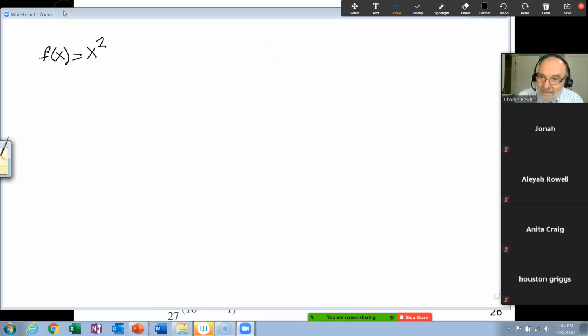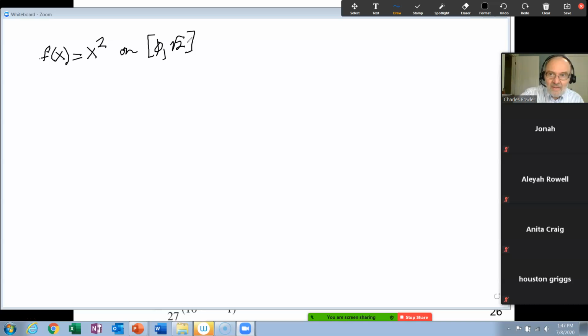Okay, there we go. On 0 to root 2. That's the interval for x. About the y-axis, so we're circling around the y-axis as shown in the figure. Okay?